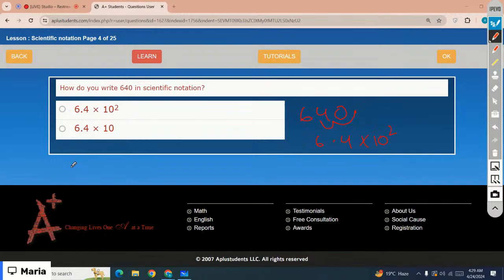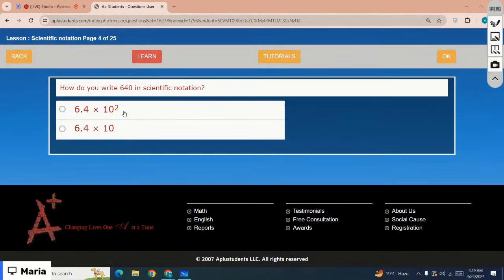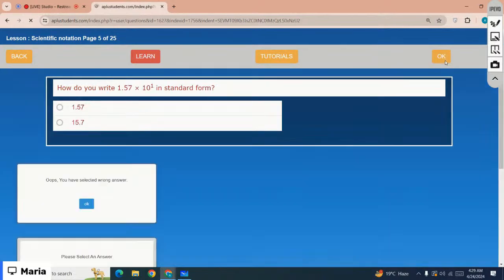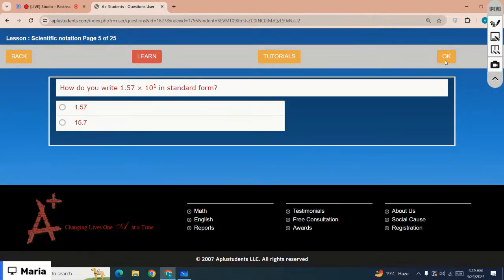So, the correct option is option number 1. How do you write 1.57 times 10 exponent 1 in standard form? Which is the correct option?